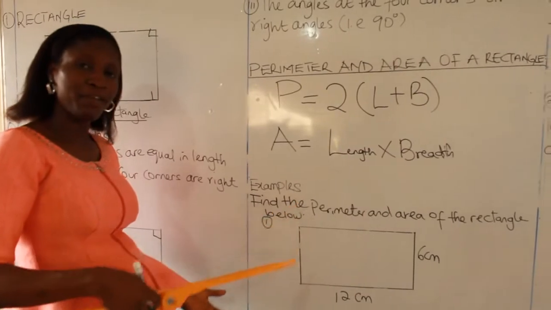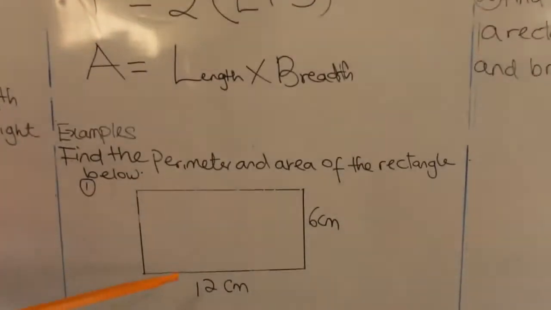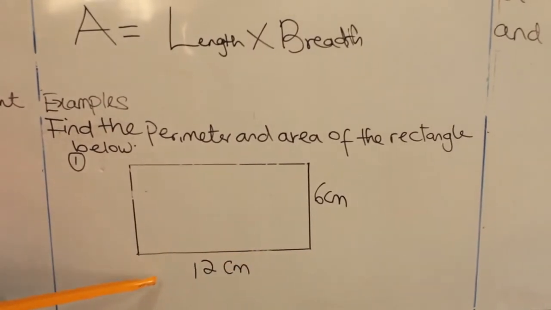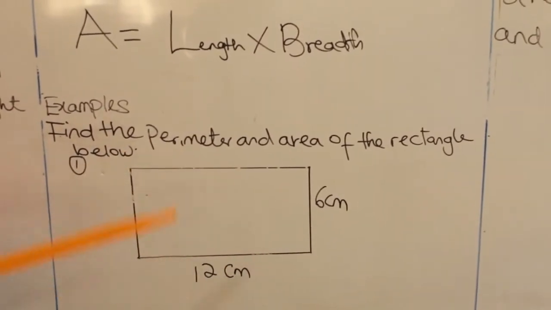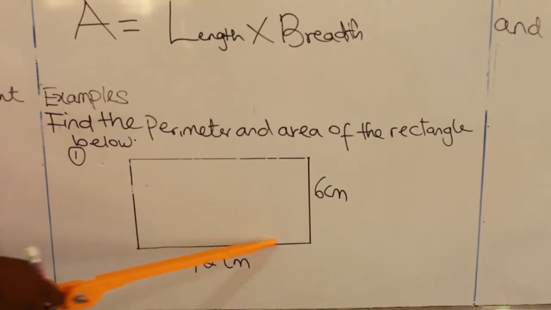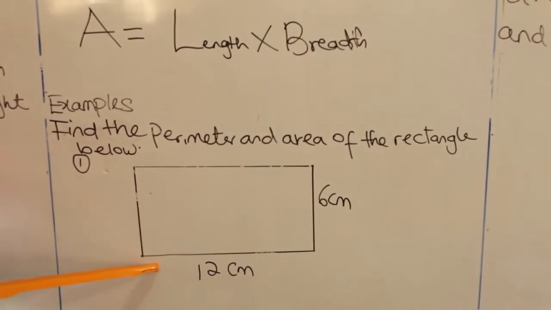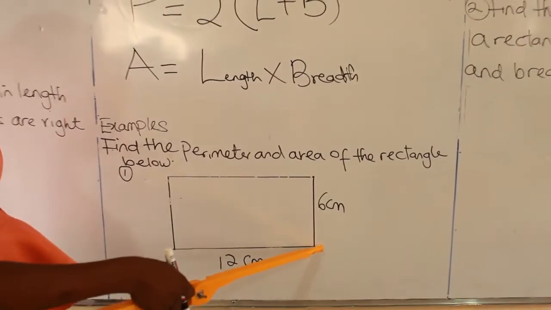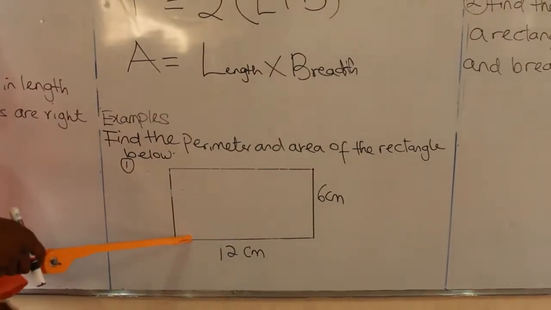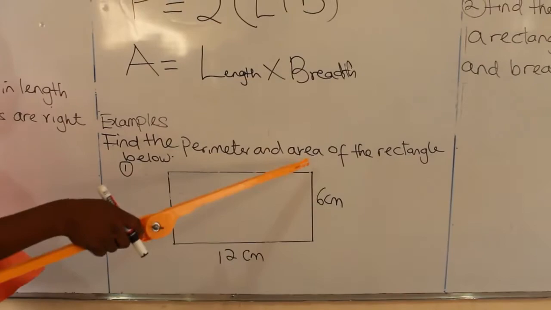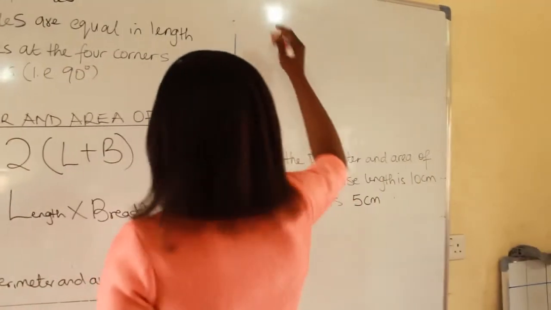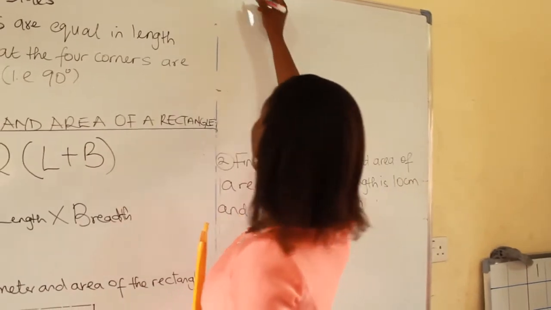Now this is a given rectangle, and the length of this rectangle is 12 centimeters, and the breadth is 6 centimeters. So we will solve the perimeter and the area.